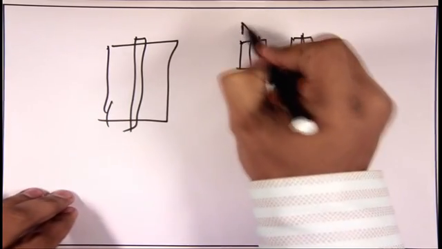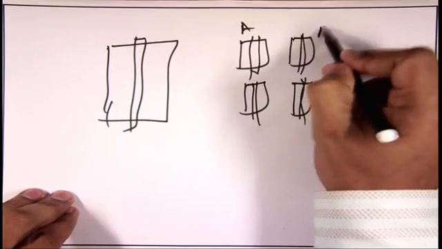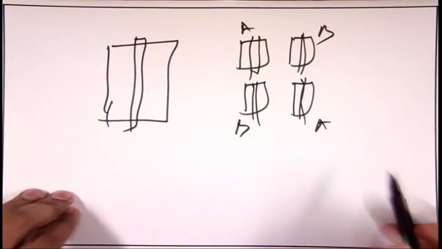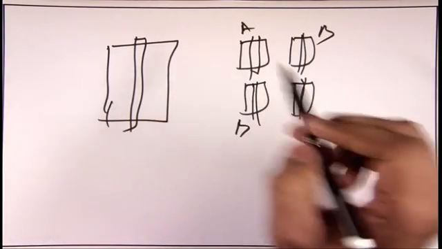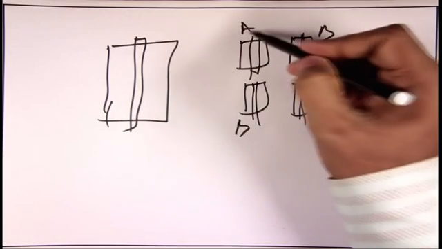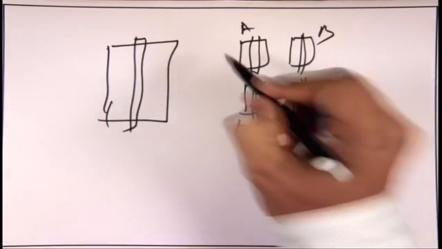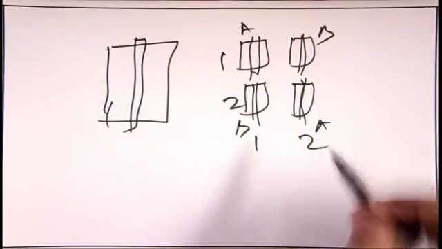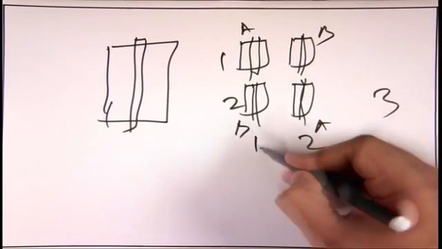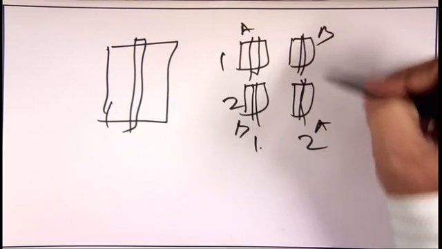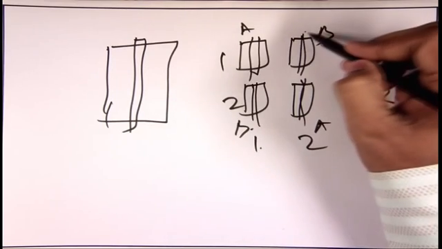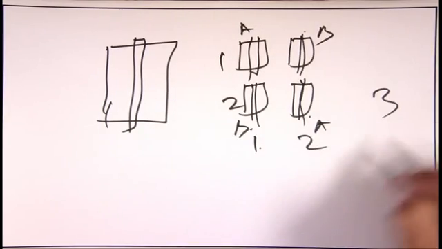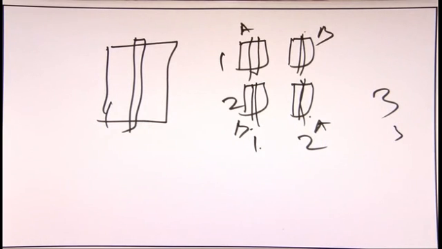So make it A, B, A like that. Suppose 2 transistors are there, A and B, you can make it like this. A, B, B, A is 1, 2, 1, 2. So add 1 and 2 is 3, and 1 and this 2, 3. Everywhere you will get matching.